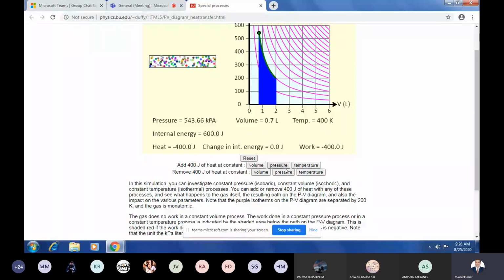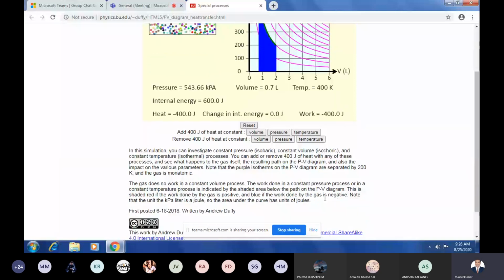So what changes in the properties can happen in the thermodynamic processes? You can see what happens to the gas itself, the path on the PV diagram, and the impact of the various parameters. So you can easily understand.